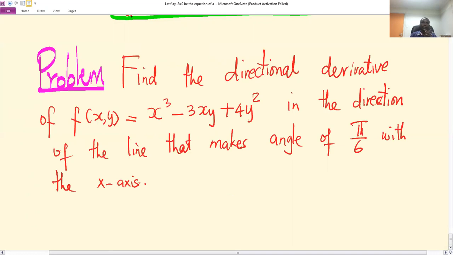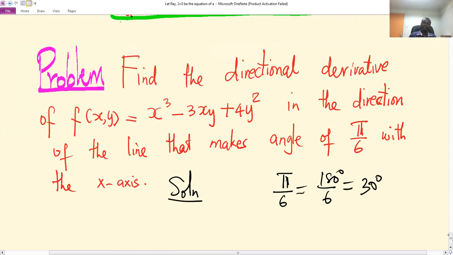So that's a good problem. The first thing we have to do is sketch this line which makes an angle of pi over 6 with the x-axis to determine the vector u. So, solution: I remember pi over 6 is the same as 180 degrees over 6, which is 30 degrees.